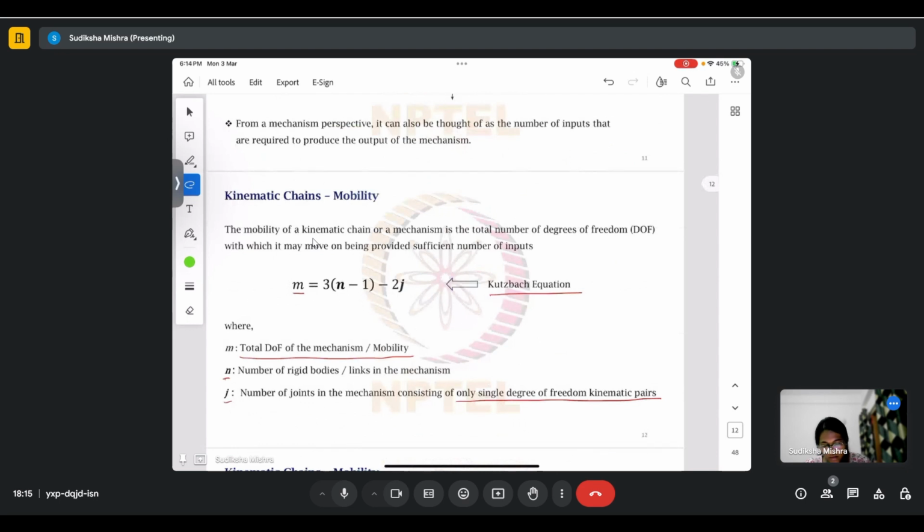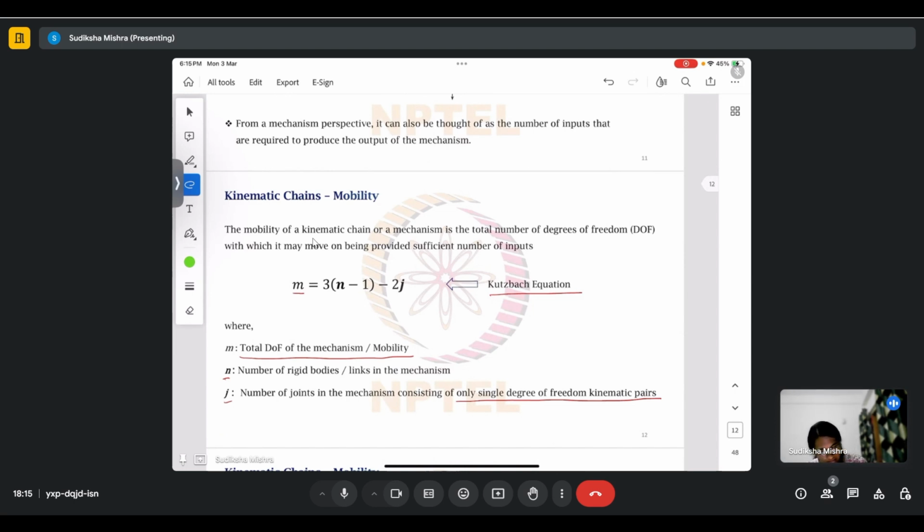Okay. Now coming to the mobility of a kinematic chain or a mechanism, the mobility is defined by the number of degrees of freedom present in a system, which basically can help it move when given a sufficient number of inputs.